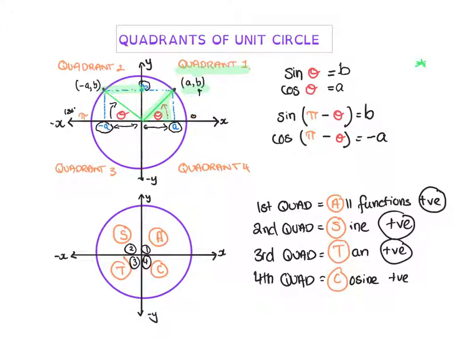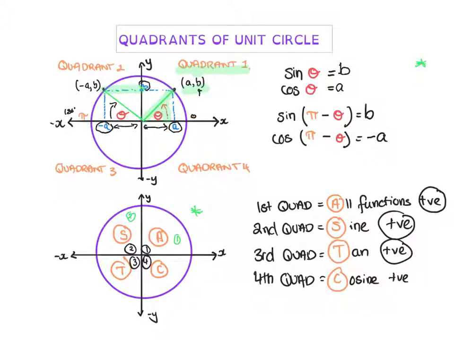Now down here on this unit circle, we're stating what the values of x and y are. In this first quadrant, all the functions are positive: sine of the angle, cos, and tan are all positive answers. In the second quadrant, only sine is positive, and we saw that before.